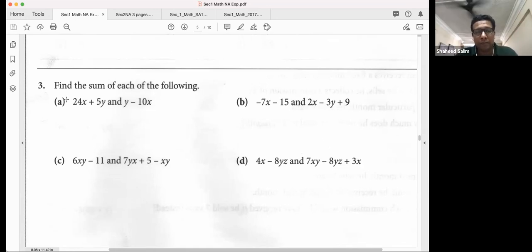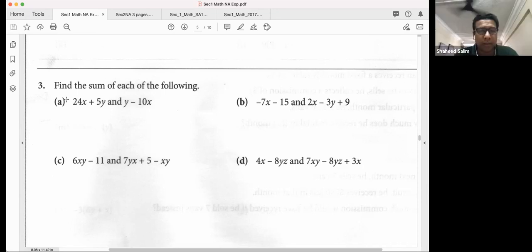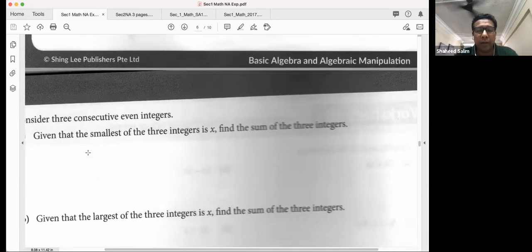If not, you can do by... 14x plus 6y. Okay, good. So no problem there.